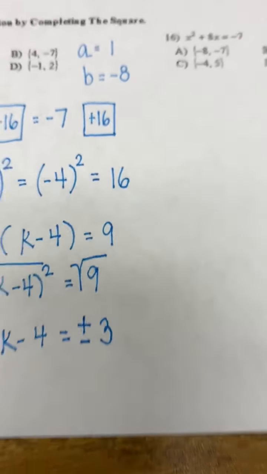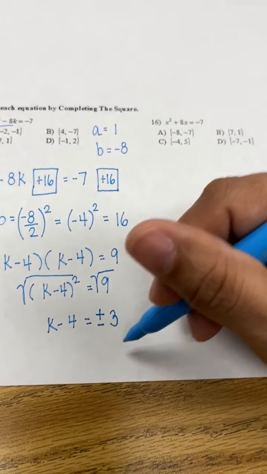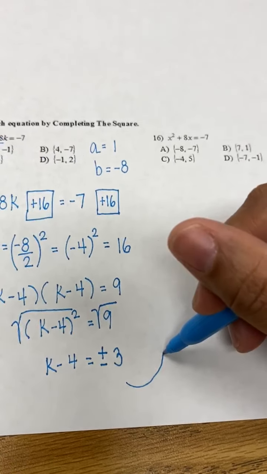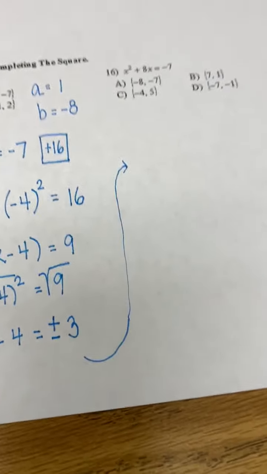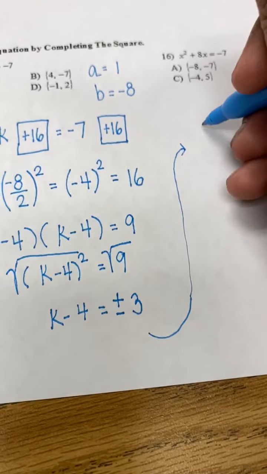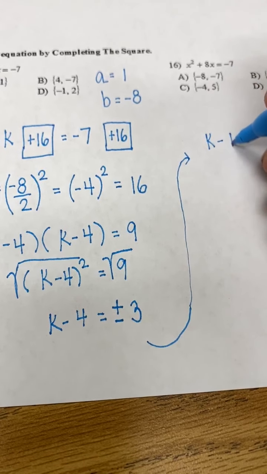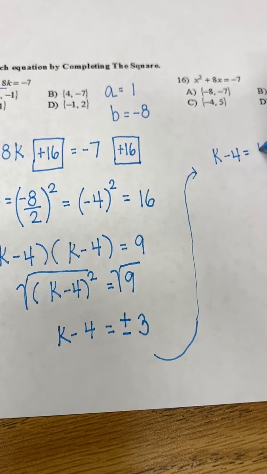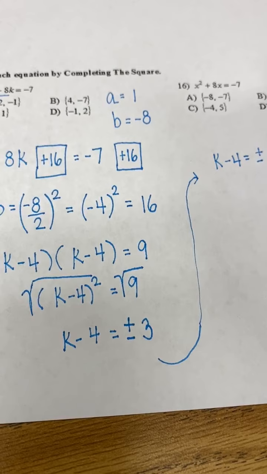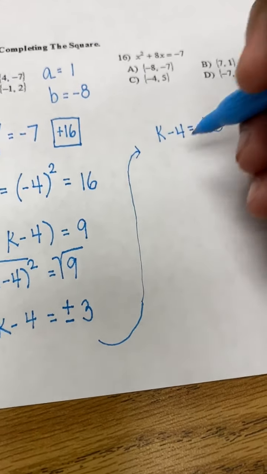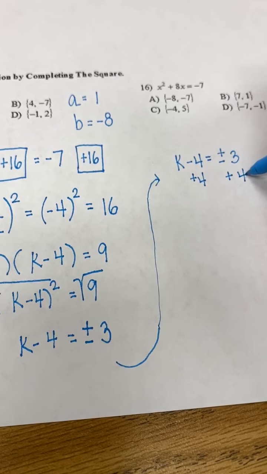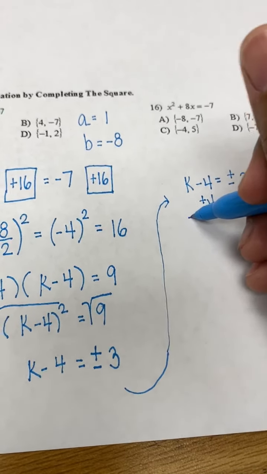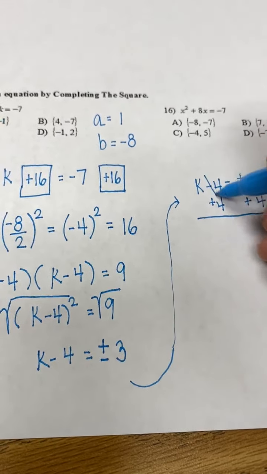I'm going to scroll up a little bit because I need to break that down. So k minus 4 equals positive or negative 3. I'm going to add 4 to both sides, and that cancels out.